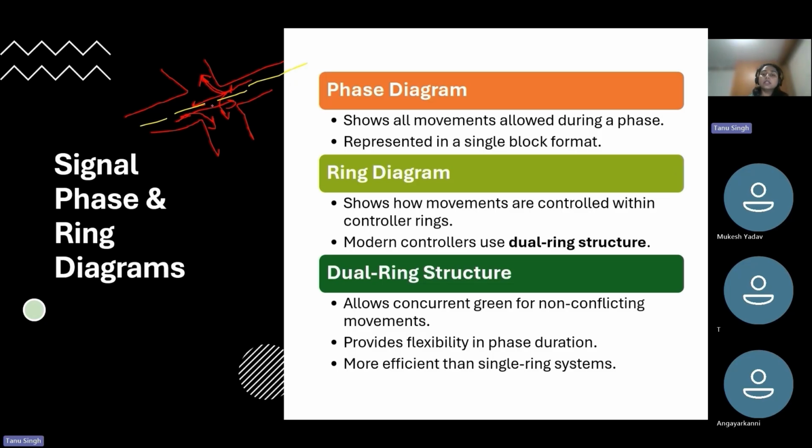So here the concurrent green for non-conflicting movements is being allowed. This provides flexibility in phase duration, more efficient than single ring systems.